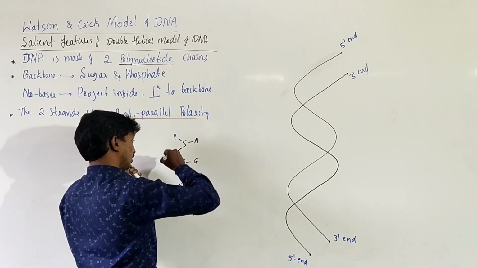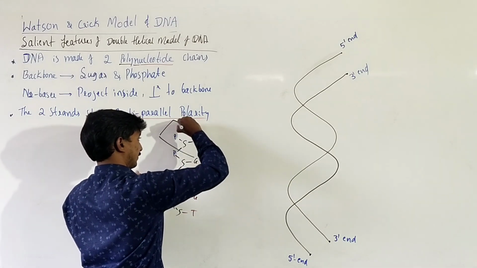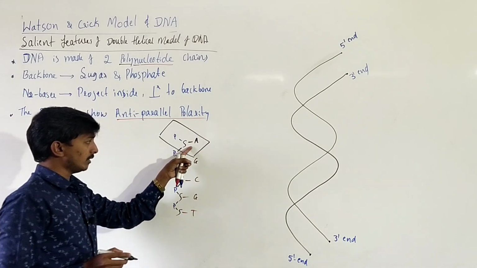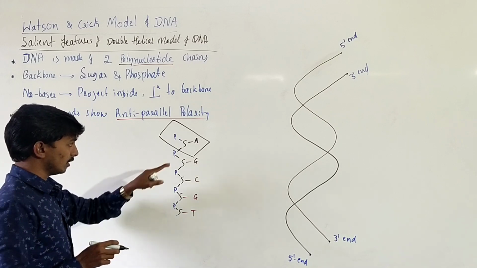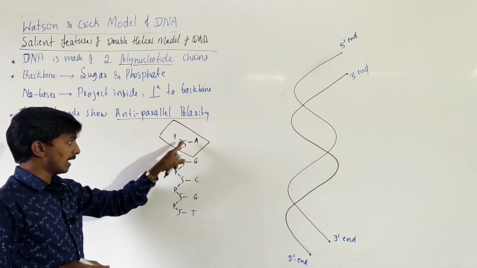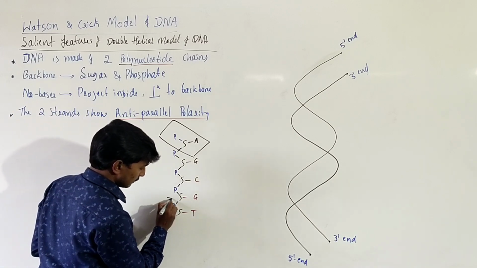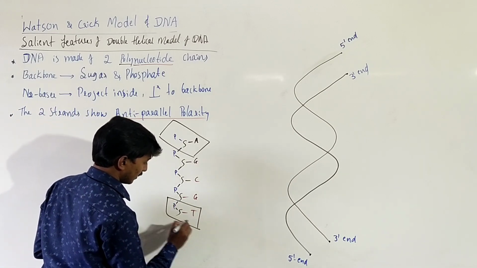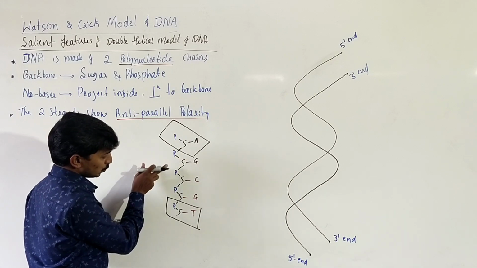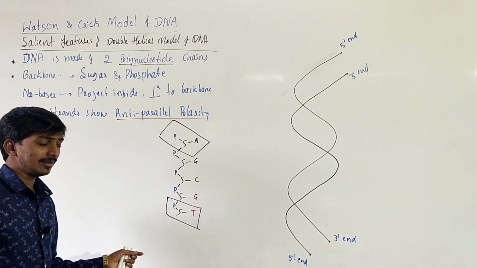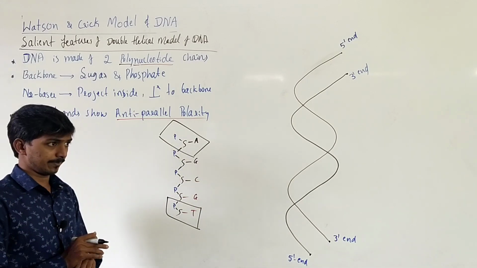This will make one nucleotide, having pentose sugar, nitrogen base, and phosphate group. And this is also one nucleotide. Like that, 1, 2, 3, 4, 5. In this strand, there are 5 nucleotides.